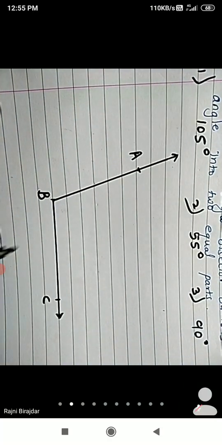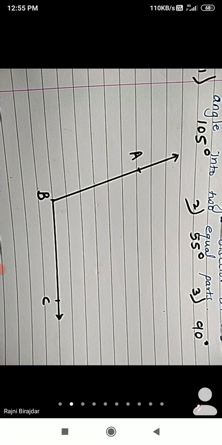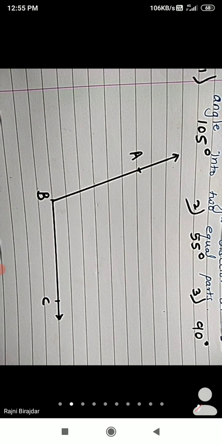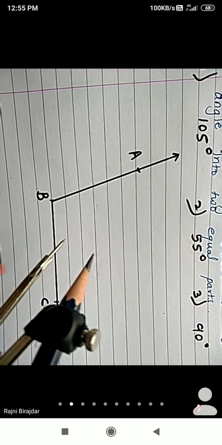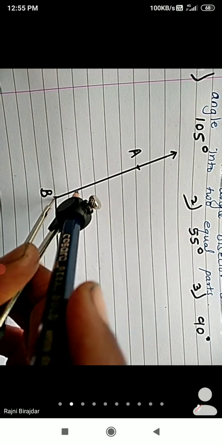So this is about angle 105. Here you have to draw the angle bisector. So in the compass you have to take this and make one arc here like this.